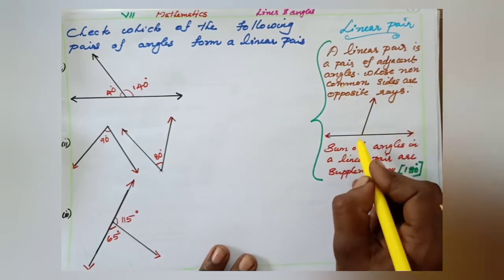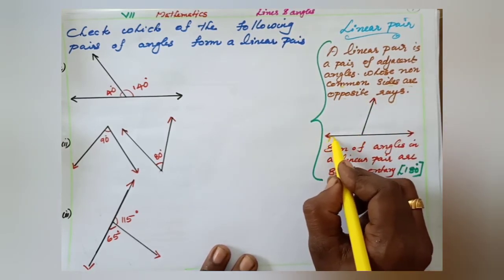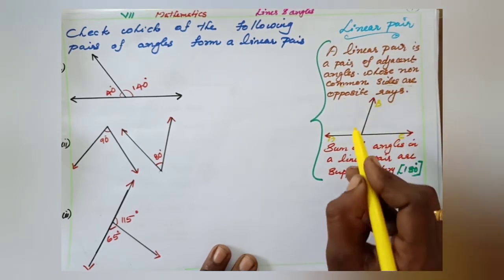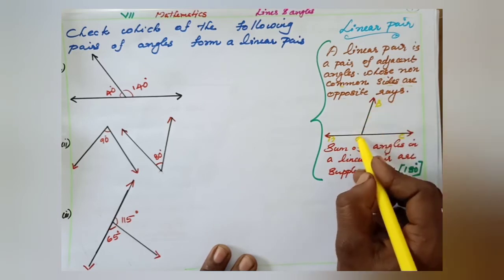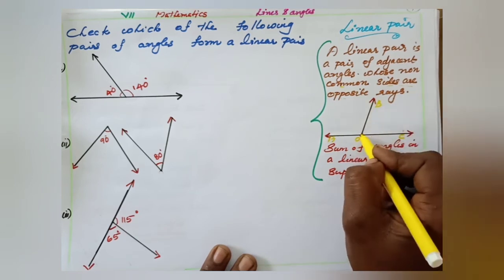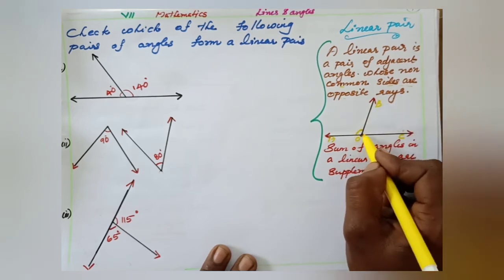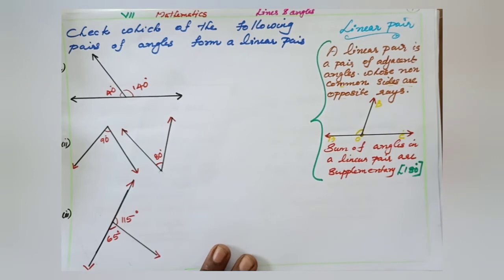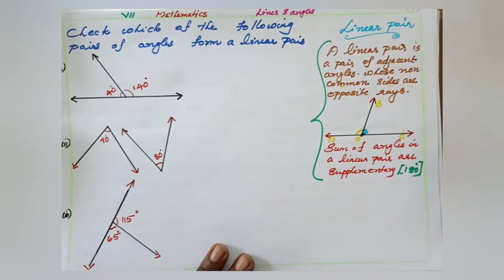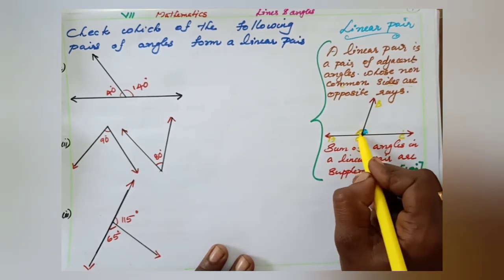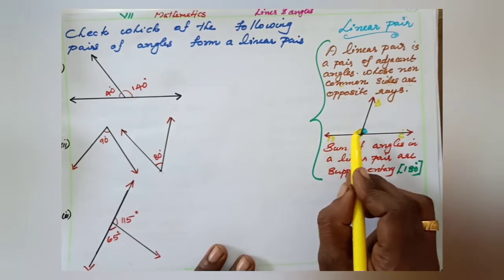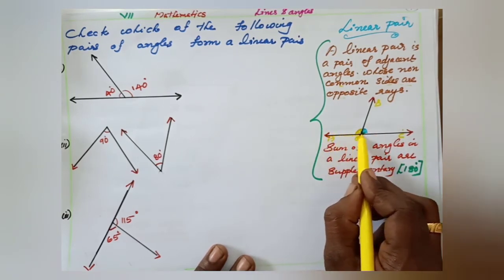Here, AOB and BOC have a common vertex O and common arm OB, and the non-common arms are opposite rays forming a straight line.